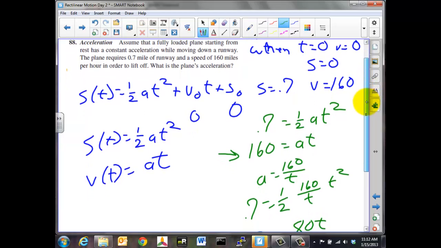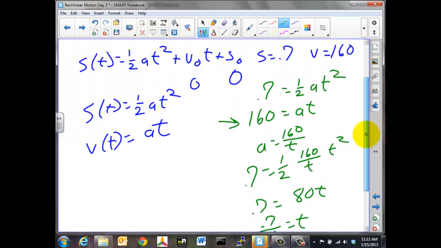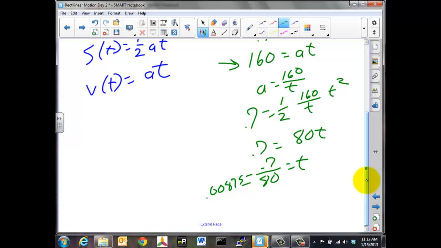That's just the time. The plane accelerates very quickly, Mr. Ely. You still have to plug it in to find A. Okay. So our A is 160 over 0.00875. How many of you have ever been on a plane?